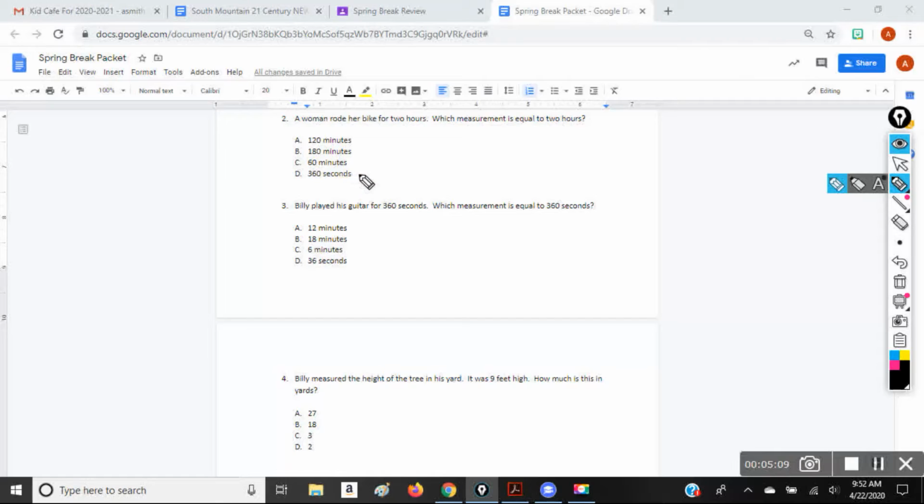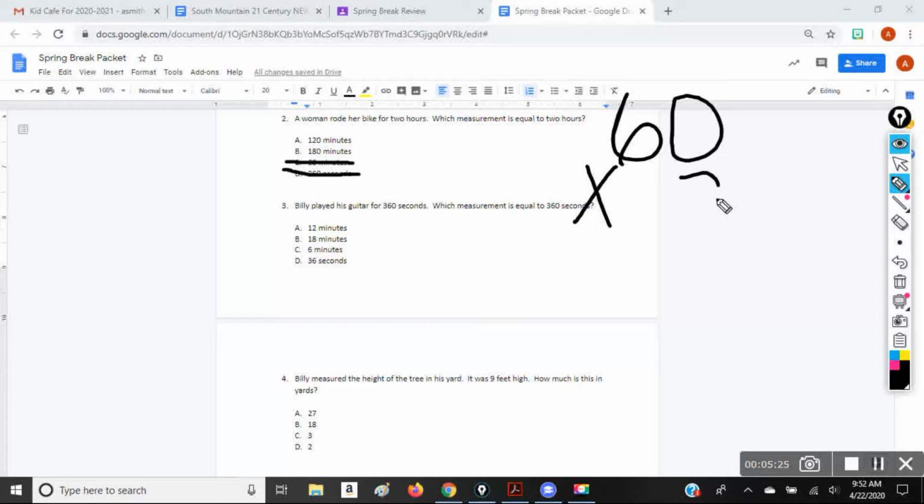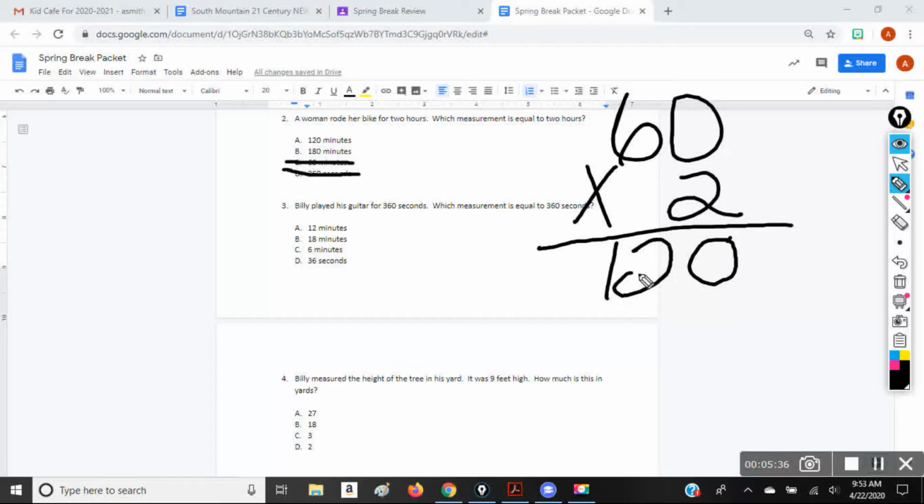This is only a few minutes here to equal 2 hours. And we just said that 60 minutes equals 1 hour, so that wouldn't equal 2 hours. So if 60 minutes is 1 hour, we're going to multiply it by 2 to find out how long is 2 hours. 0 multiplied by 2 is 0. 6 multiplied by 2 is 12, so 120.